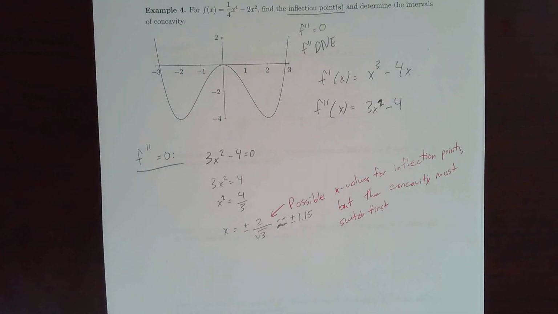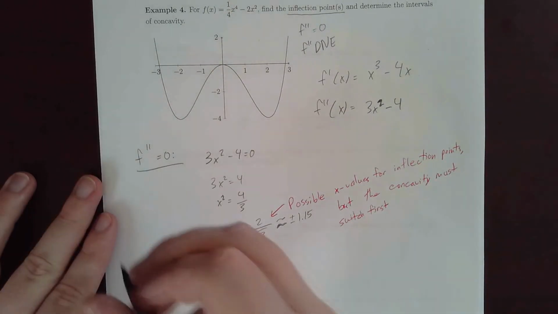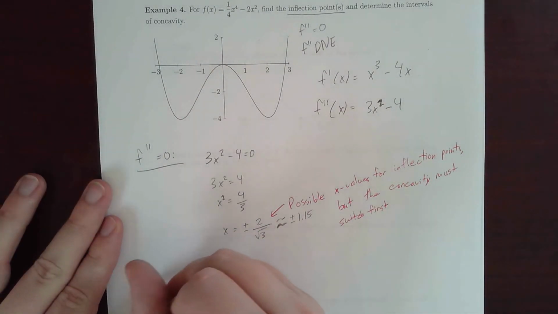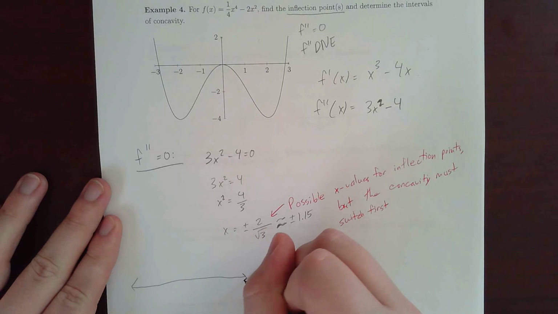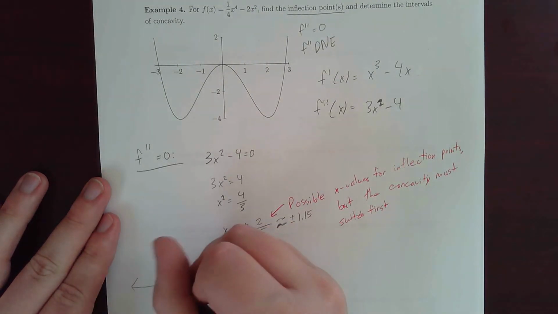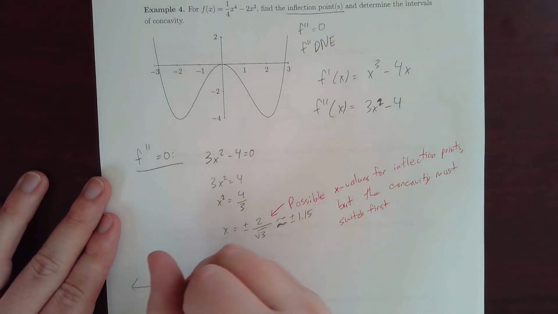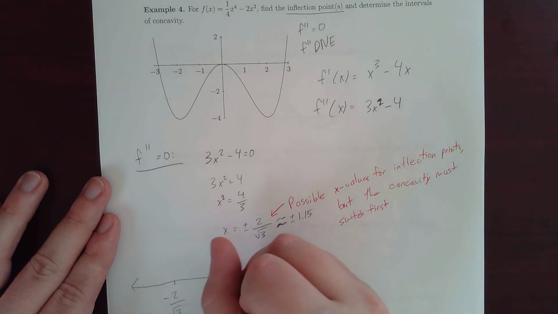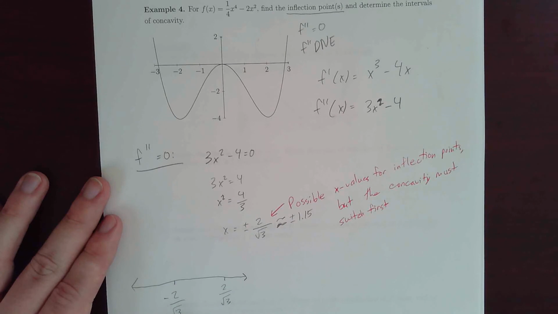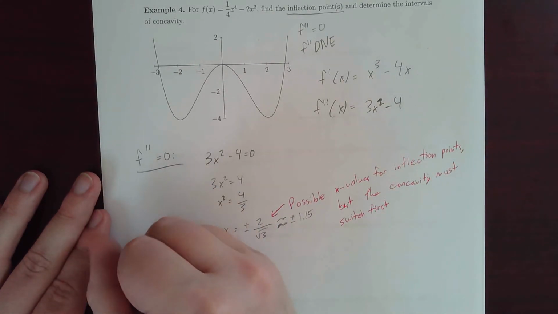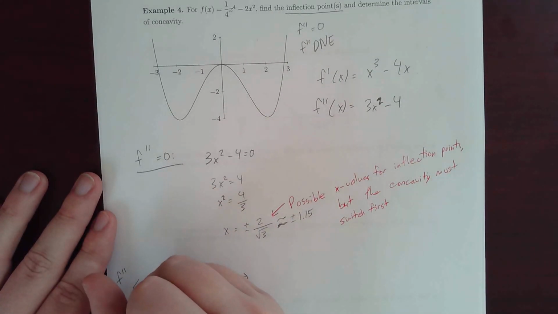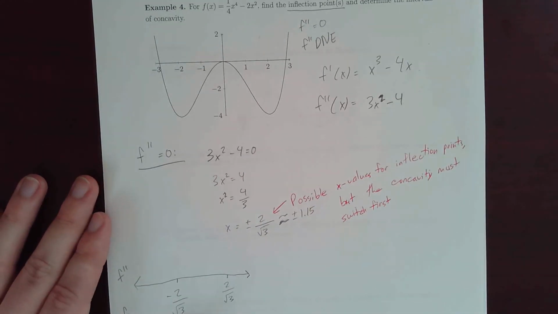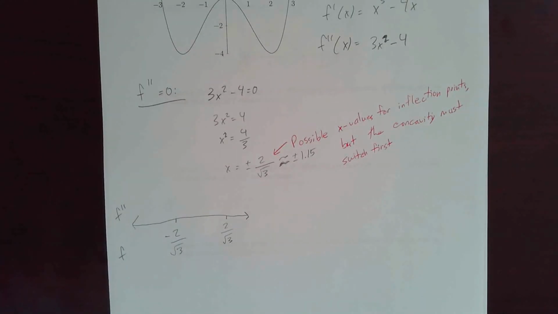So what we'll do is we'll do what we've been doing and make some intervals for ourselves. So we've got -2 over the square root of 3, 2 over the square root of 3, and we want to go ahead and find things that we can plug into our second derivative to know whether or not we are concave up or concave down.